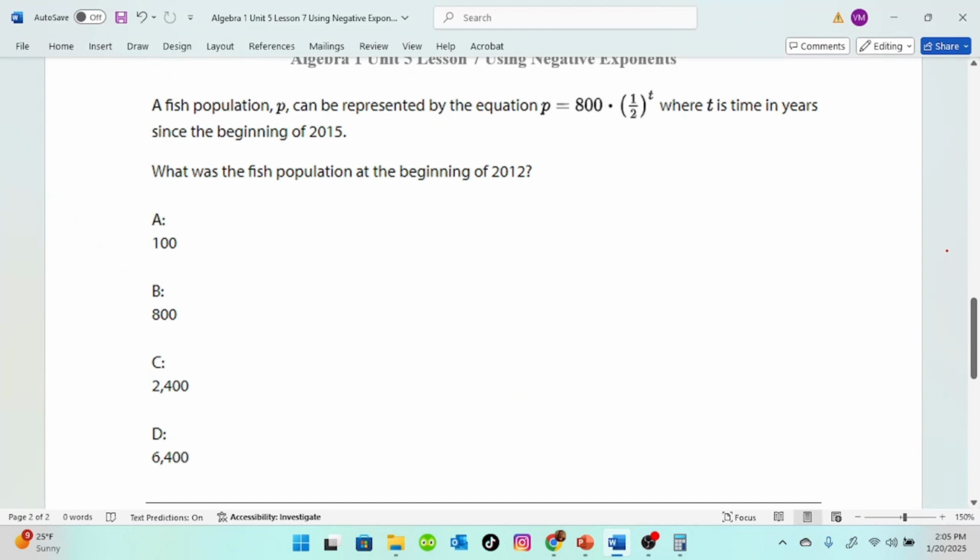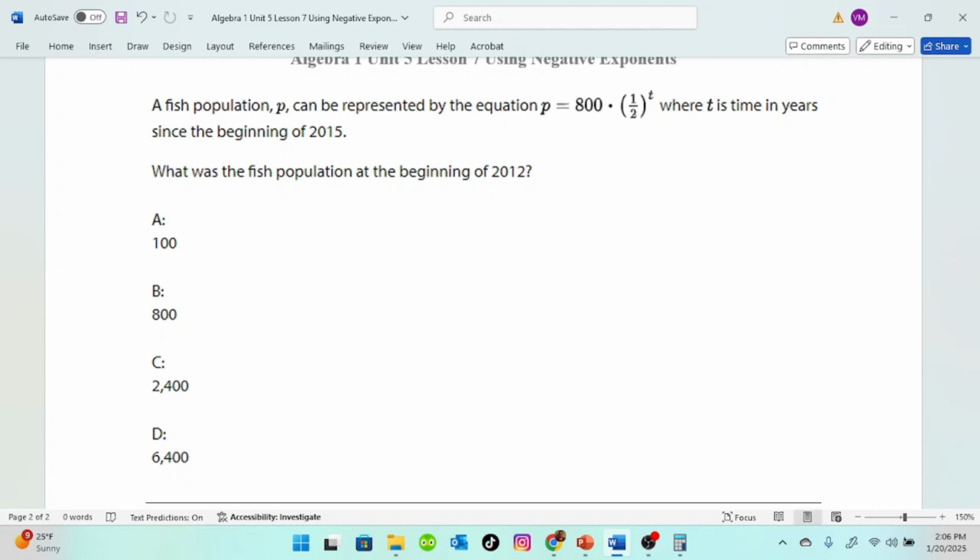Our next practice problem says a fish population P can be represented by the equation P equals 800 times 1/2 to the power of T, where T is time in years since the beginning of 2015. The question they're asking us is, what was the fish population at the beginning of 2012?